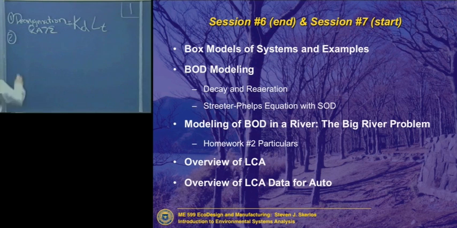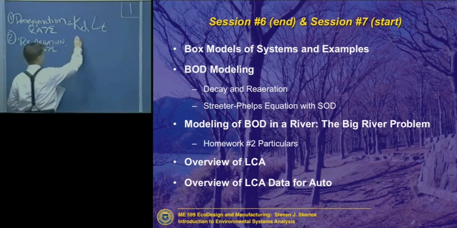Okay. For the reaeration rate, as was just suggested, this amount of oxygen inside of the system cannot increase to infinity, right? So we're going to say that the rate of reaeration is proportional to the amount of dissolved oxygen deficit in the system. We're going to define deficit as D. Okay, so here's Ka.